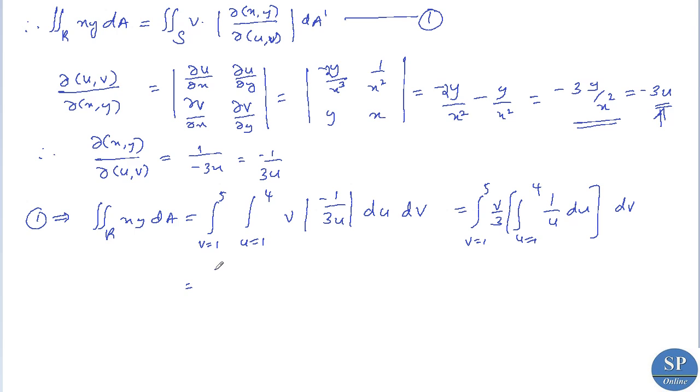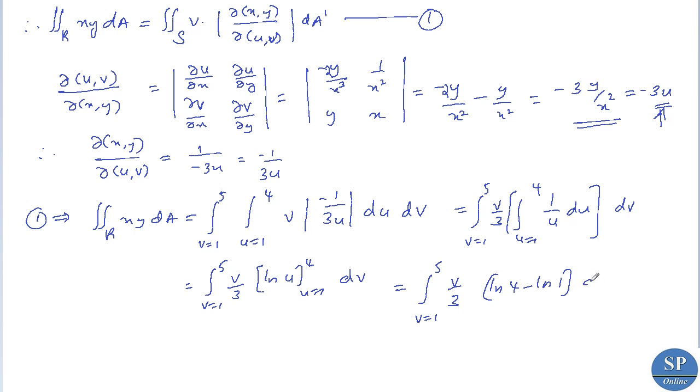Thus we have the integral of v by 3 into ln of u from 1 to 4 dv, which is v by 3 into ln 4 minus ln 1. Since ln of 1 is 0, this is the integral from 1 to 5 of v by 3 into ln 4 dv.